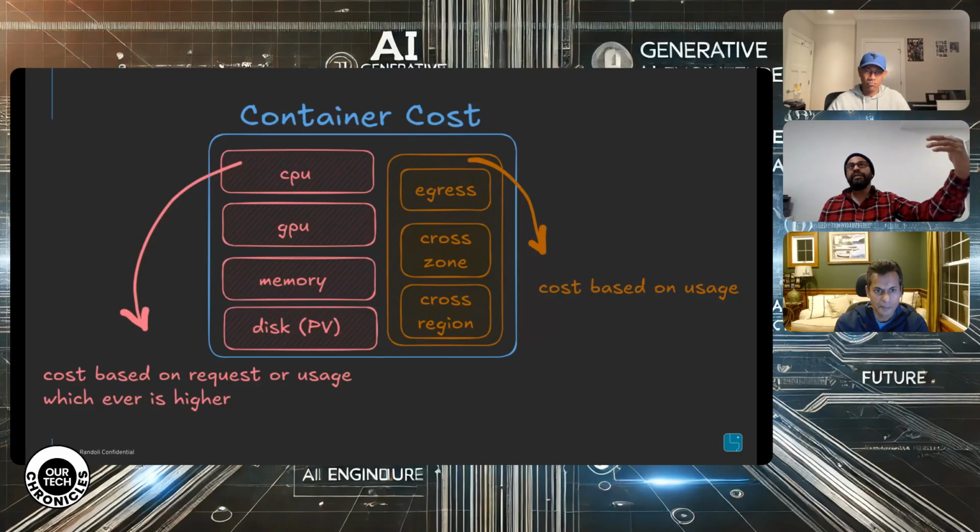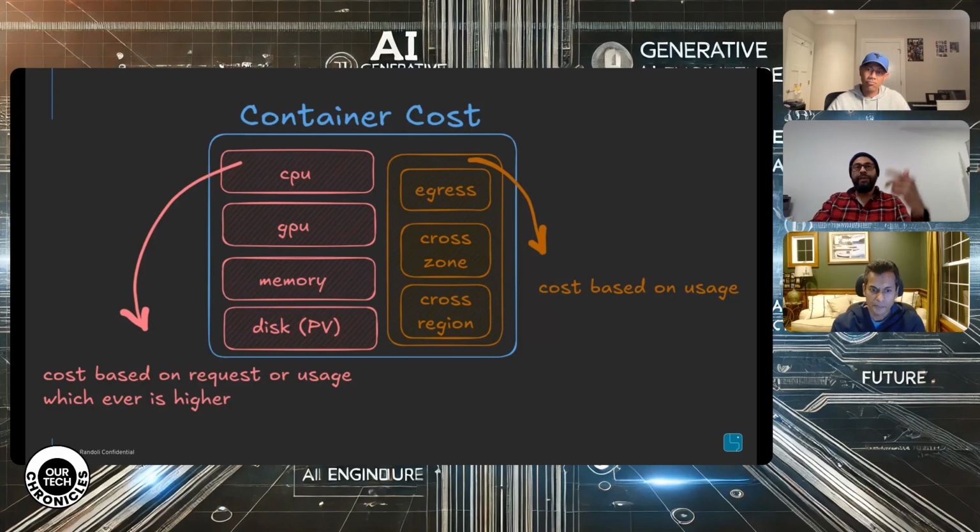There's memory, disk, and then you have the usage-based cost, because the container could drive that, right? So disregarding the usage-based part, you look at the container cost side of it. Now, how efficiently the container uses the resources allocated to it is where you can look at cost optimizations.